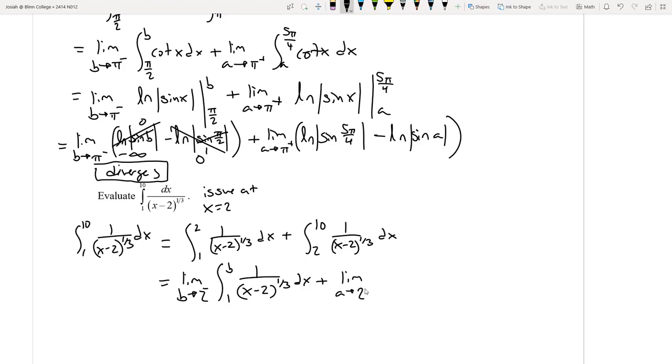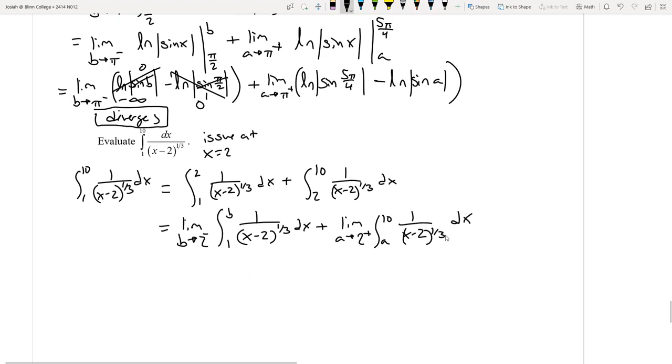A approaches 2 from the right. And on the plus side, with these improper integrals split this way, since we do have the same function, right? It is nice that we only have to do the antiderivative really once.